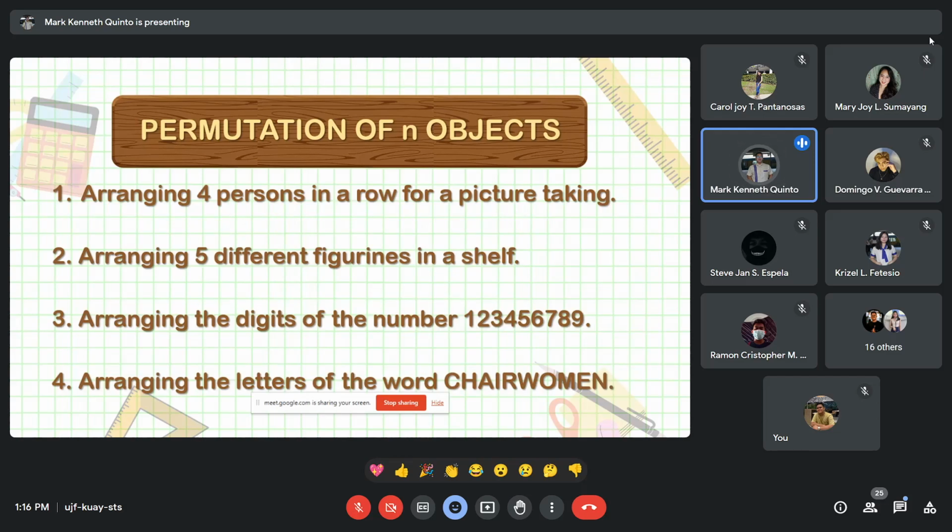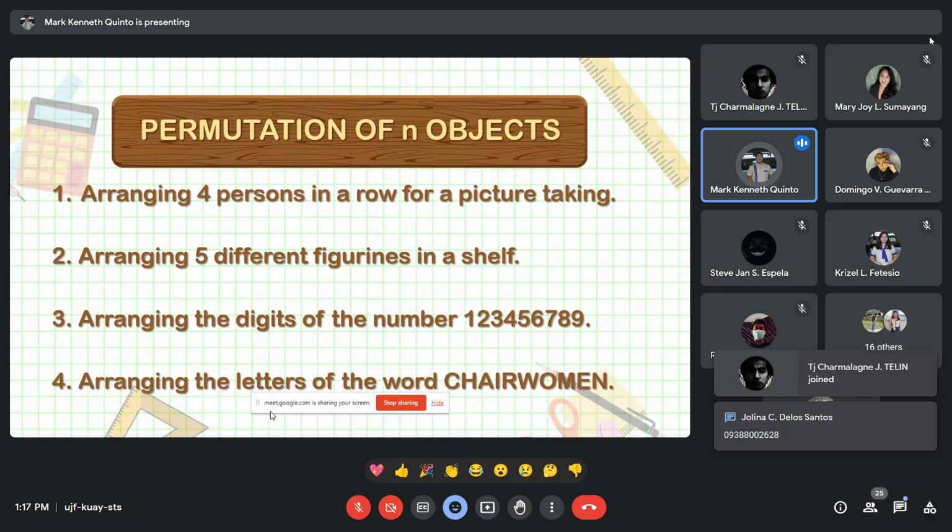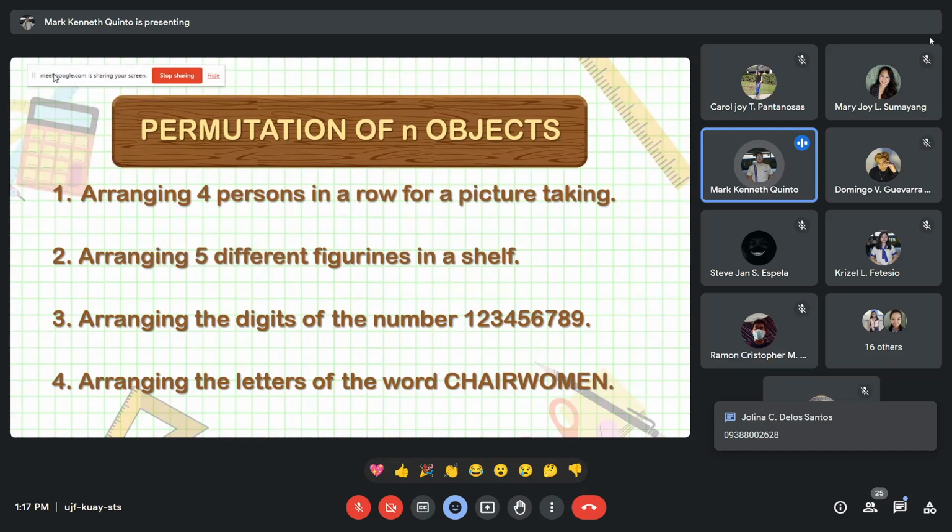Again, for our example number one, we have arranging four persons in a row for a picture taking. As you can see, we only have one value, and that is 4. Therefore, the value of our n here is 4. The formula that we are going to use is the permutation of n objects taken n at a time is equal to n factorial.